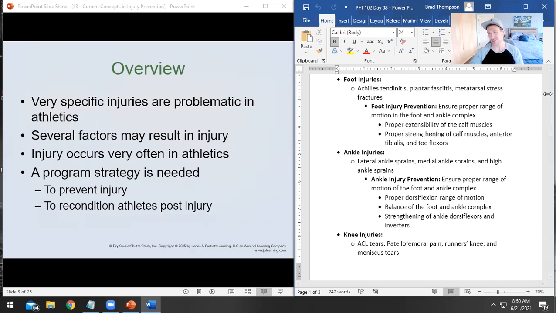So obviously injuries are pretty problematic for athletes, but anybody. With an athlete, it's going to cost you the season, but it's also going to cause problems in your overall general life. So we're trying to avoid injuries as much as possible. People always ask what the difference is between a personal trainer, a corrective exercise specialist, and a physical therapist. Physical therapists will fix you once you're broken.